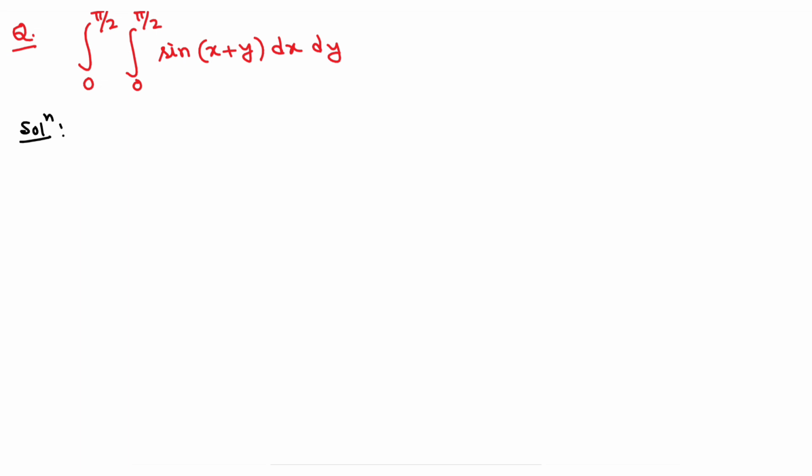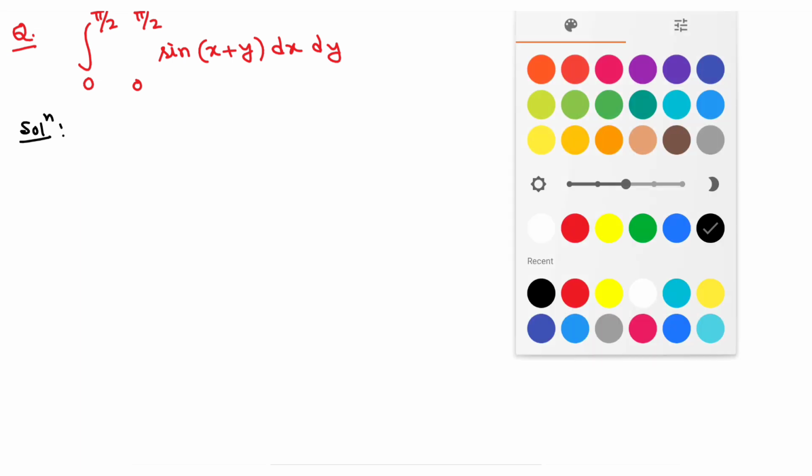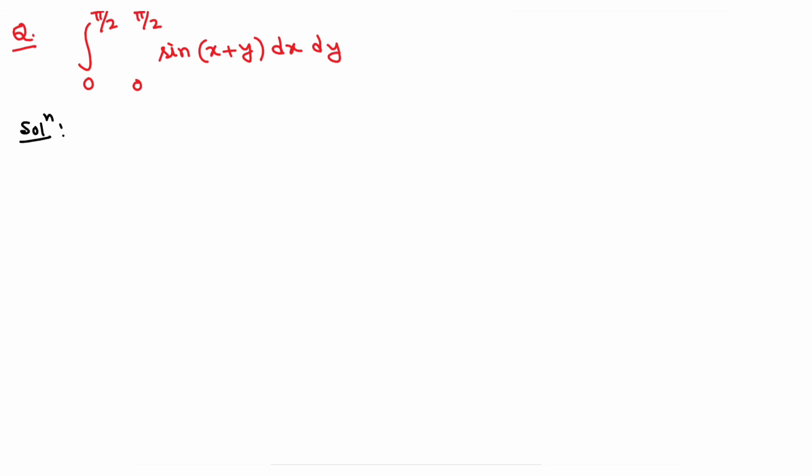Here you can see both the integrations have numerical limits, so you can choose either one. Suppose you choose x equals 0 to pi by 2, then this will be y equals 0 to pi by 2. Or you can choose y equals 0 to pi by 2, then this will be x equals 0 to pi by 2.